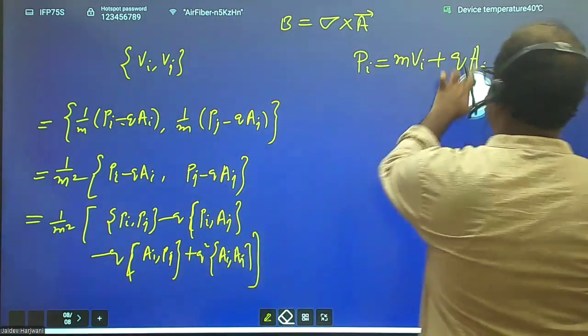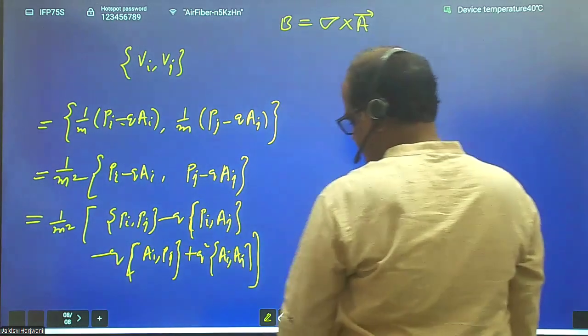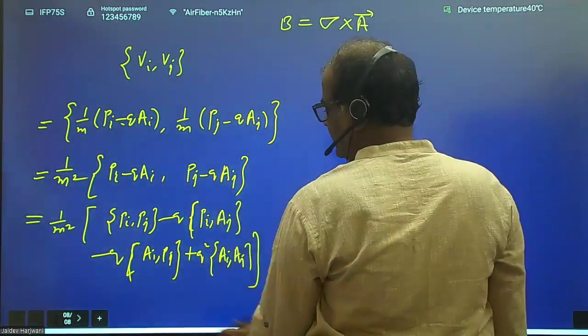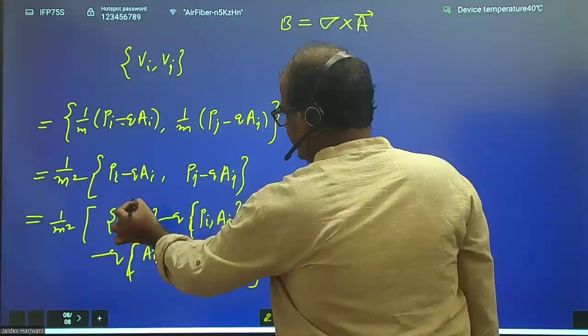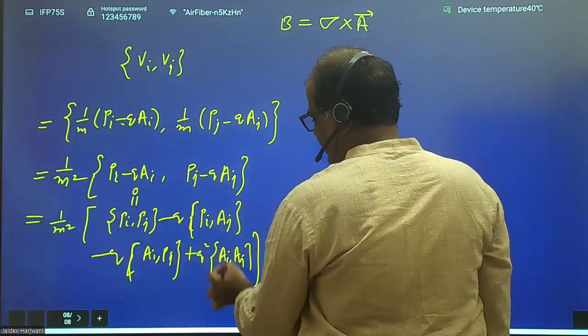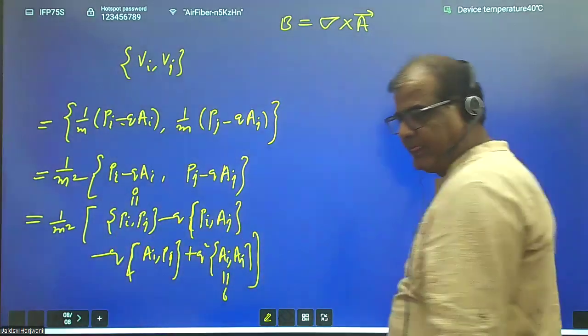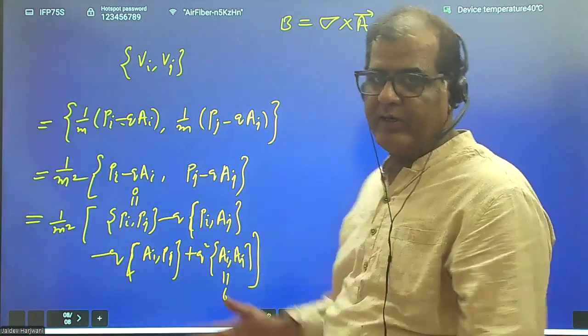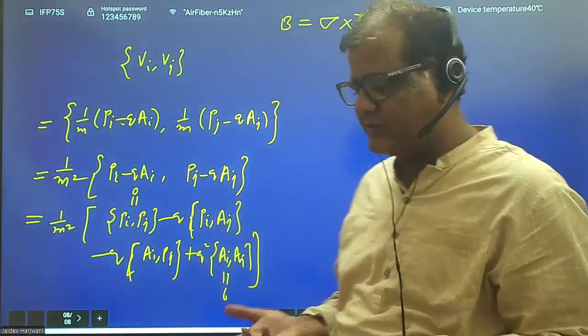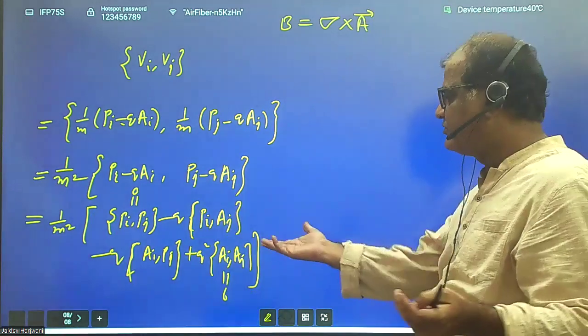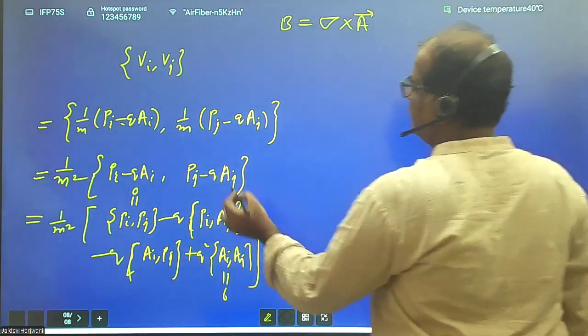Now let me solve it more. You know the Poisson bracket of pi, pj is 0, so this term becomes 0. Similarly, the bracket of ai, aj is also 0. And one more thing: the vector potential components only depend on the position vectors. They do not depend on the momentum or velocity.